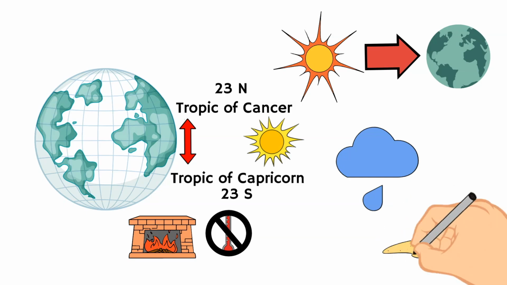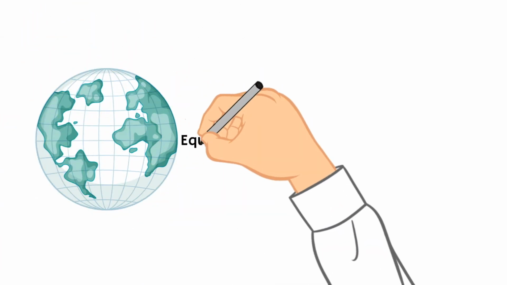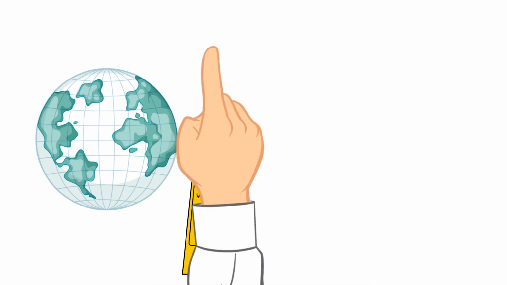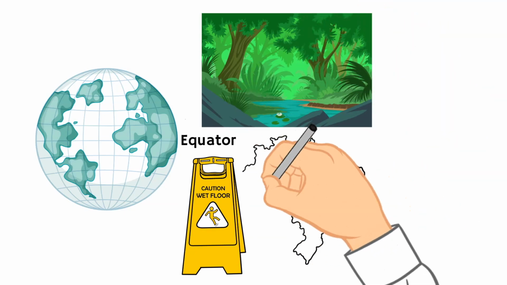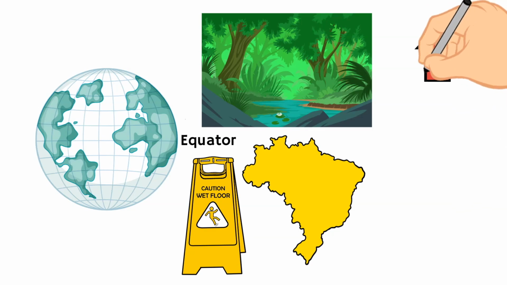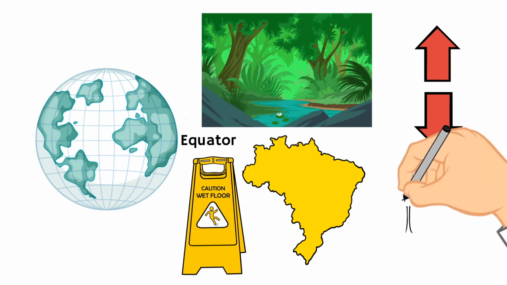It is also important to note that places closer to the equator tend to be the wettest and have dense rainforests. The largest tropical rainforests on Earth lie in Brazil and parts of Africa. As you move away from the equator, going north or south, the drier these tropical regions tend to be.